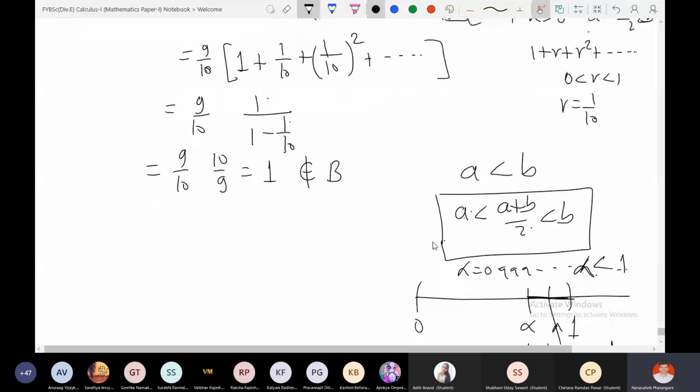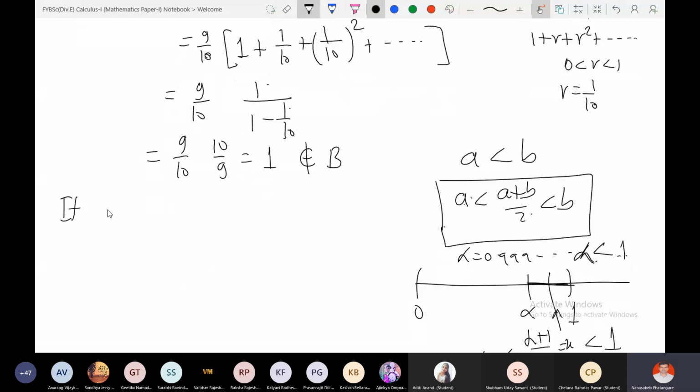So now suppose there exists some number u in set B which is an upper bound. The maximum element is an upper bound of the set. What is the definition? From the definition, a maximum element is a member of the set and it is also an upper bound of the set.